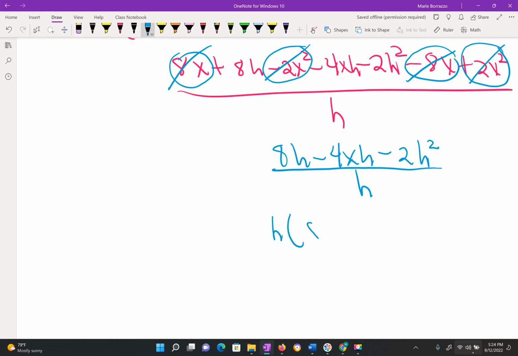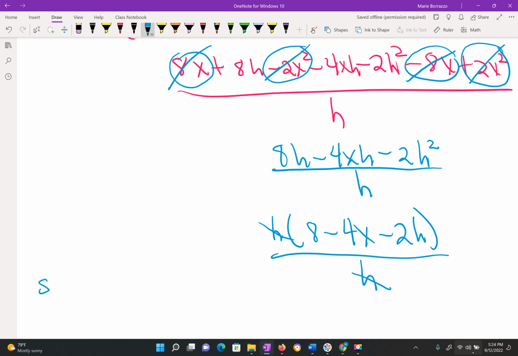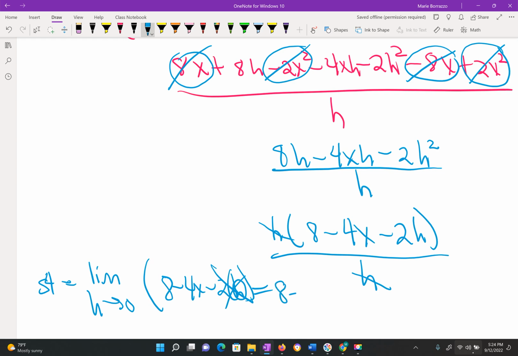That leaves me with 8 minus 4x minus 2h, and all of this over h. All of this cancels, and now we're at step 4. In step 4, we're looking at the limit as h approaches 0 of 8 minus 4x minus 2h. Obviously, h becomes 0, so that cancels totally, and you're left with, like I said, the first derivative, 8 minus 4x.